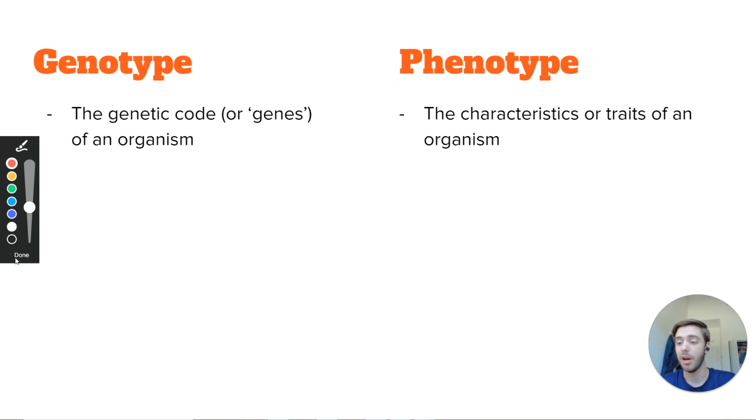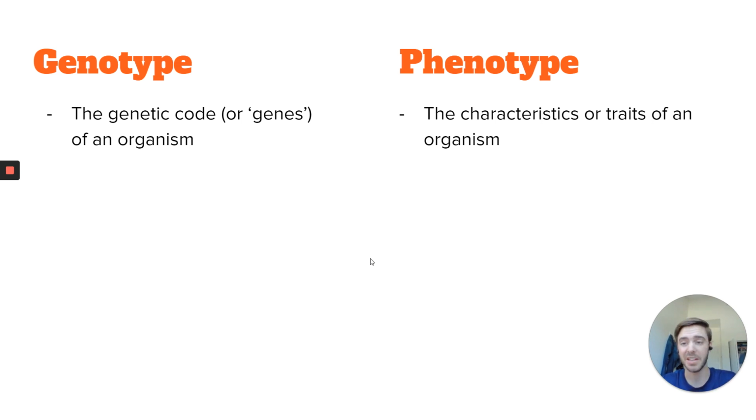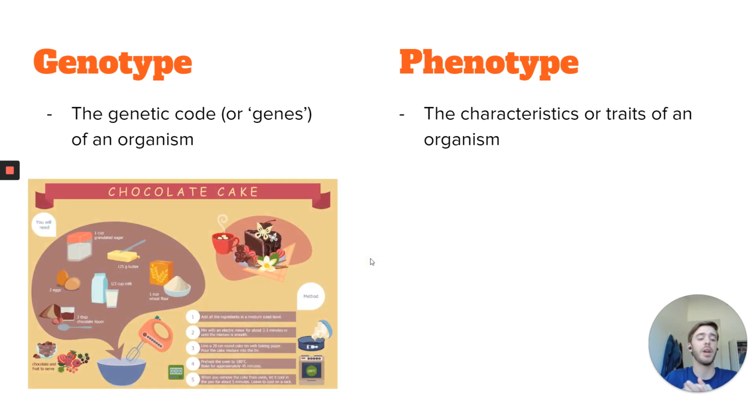Phenotype. Now, an easy way for me to remember this is to make an example. Let's say you want to make a chocolate cake, nice, yummy chocolate cake, maybe double, triple layered dark chocolate, just so good. So you have your recipe, which is just a bunch of writing and a bunch of ingredients.